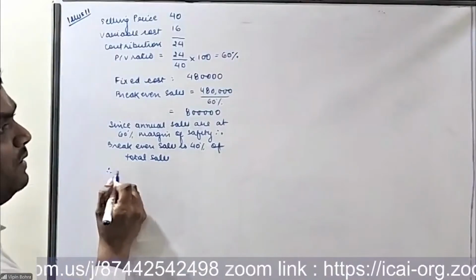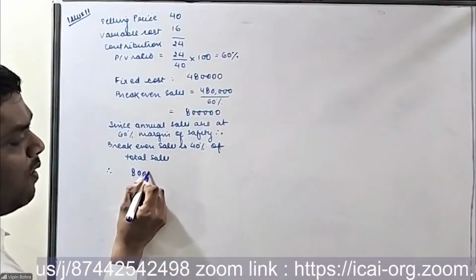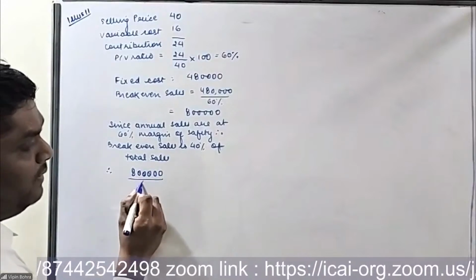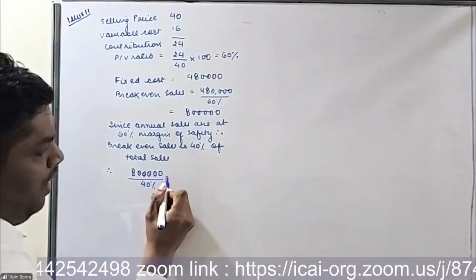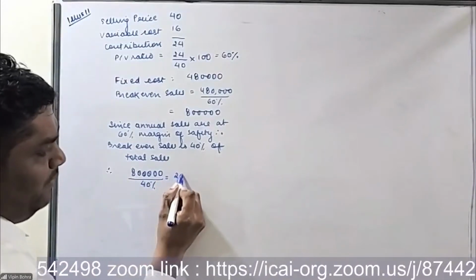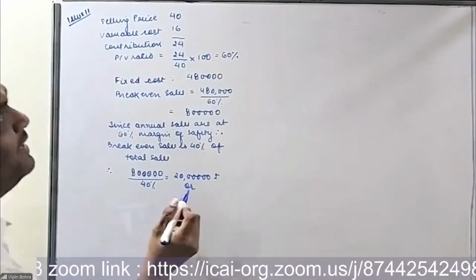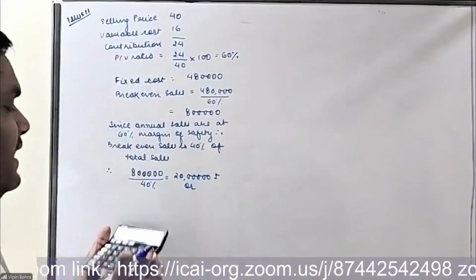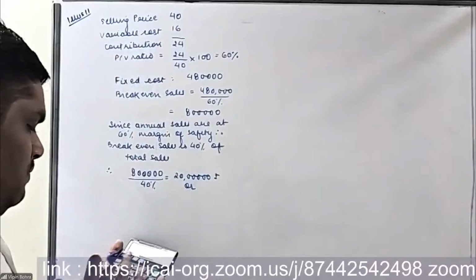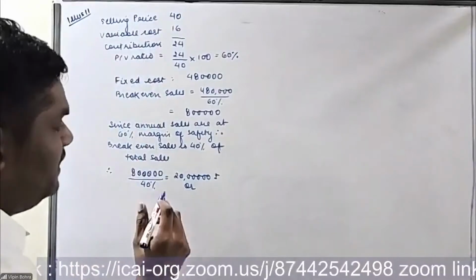Therefore, total sales will be 8 lakh divided by 40%. So this will be 20 lakh rupees. Or we can say, since 40 is the selling price, it is 50,000 units.